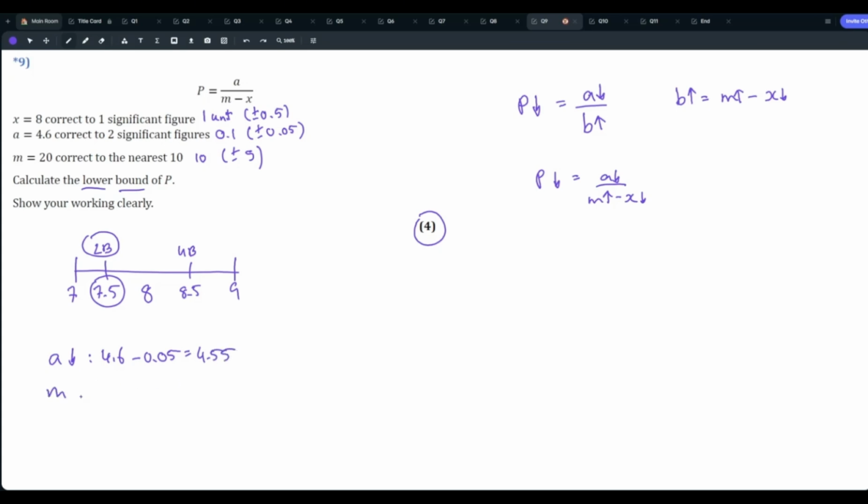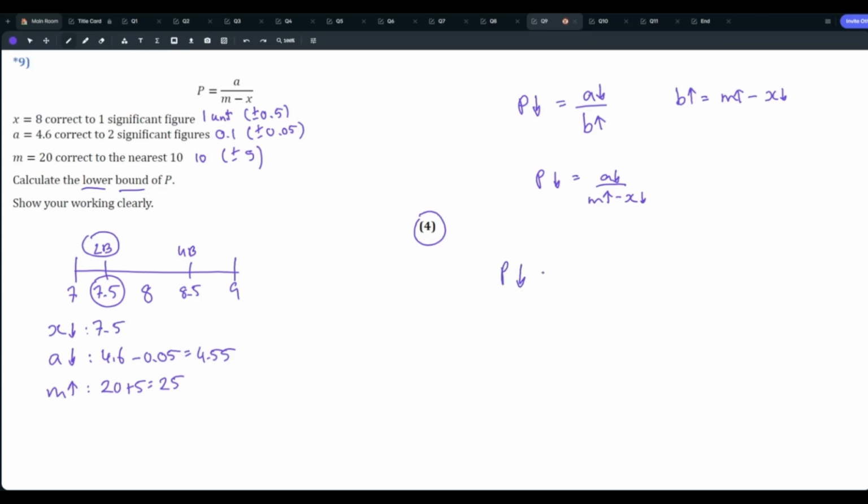And we want the upper bound. And now to get the upper bound, I want to plus 5 to 20, which would be 25. Okay, so just put the x here as well. The x lower bound is 7.5.